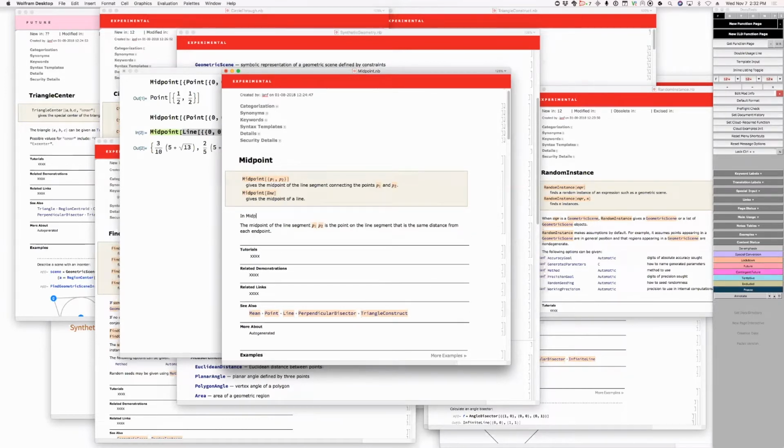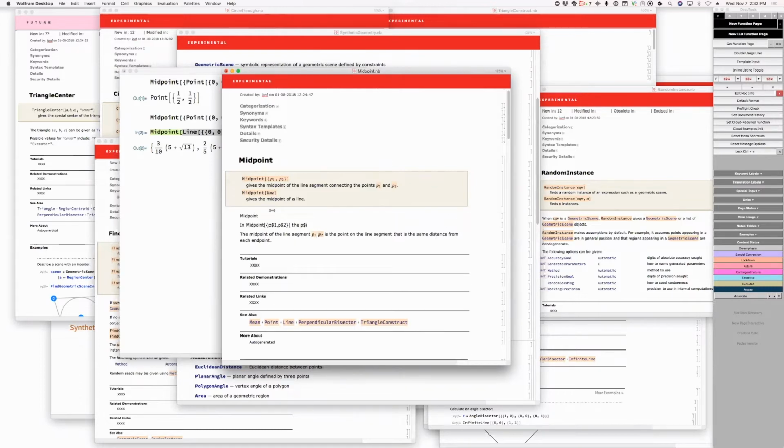In midpoint of P1, P2, the P sub I. Oh, do we say it works in any number of dimensions? It should. It does. Correct.